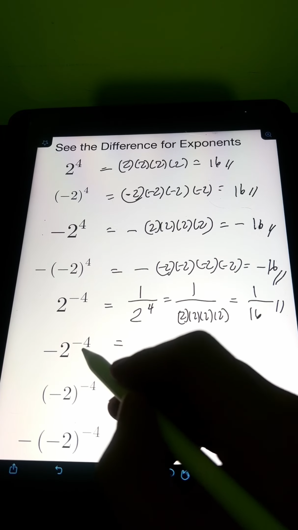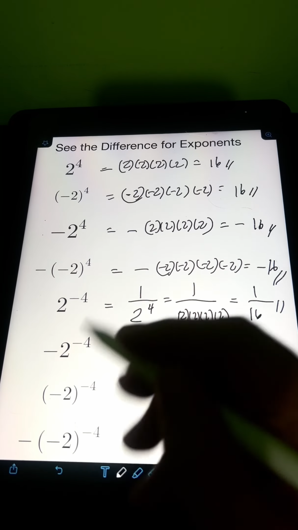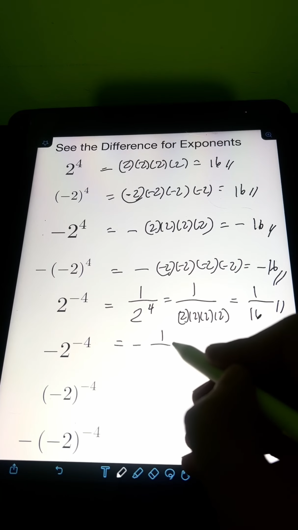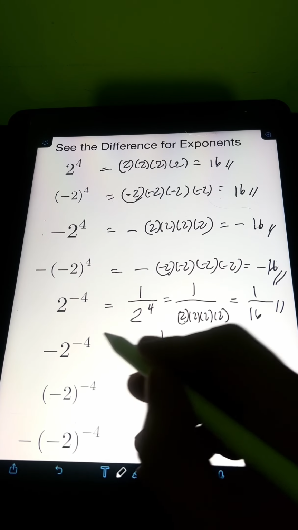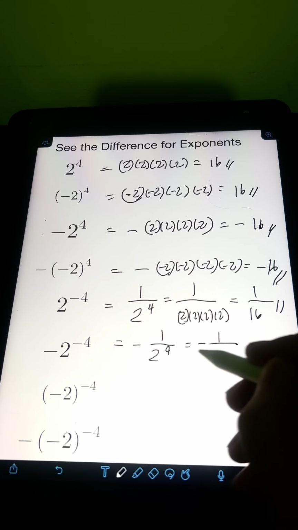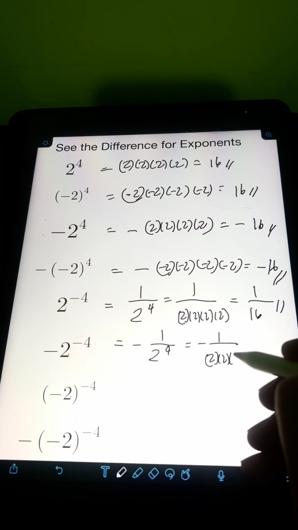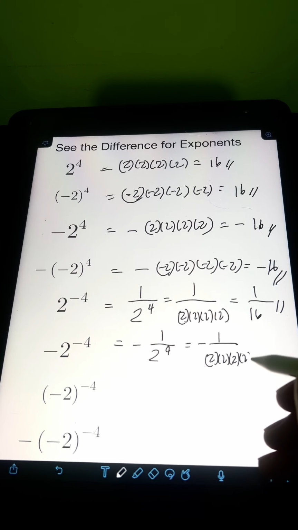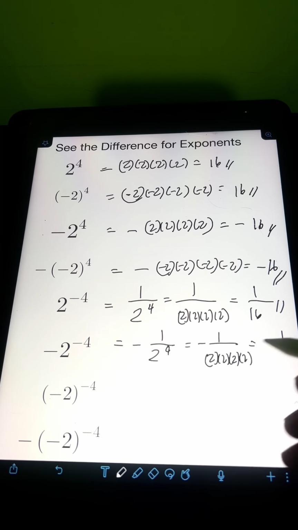Next, negative of 2 to the negative 4. We have a negative sign, so just copy that. Then we have 1 over 2 to the positive 4. So that's equal to negative 1 over 4 factors of 2, 2 times 2 times 2 times 2, that's 16. So negative 1 over 16.